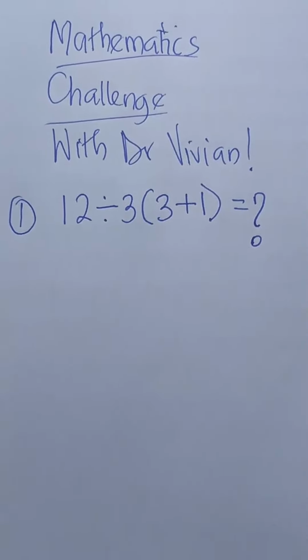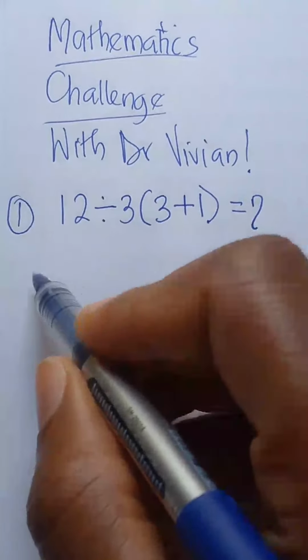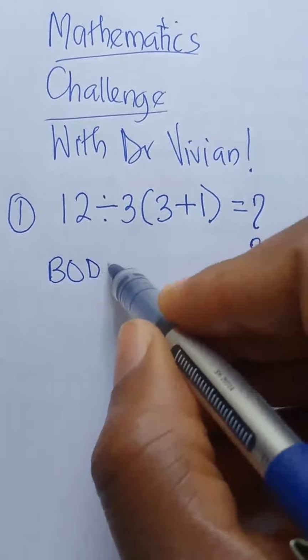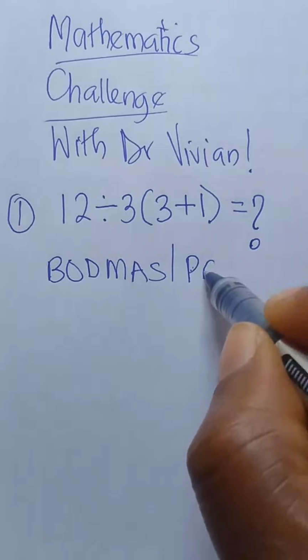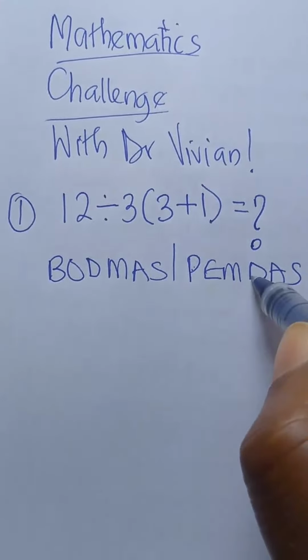So thank you for joining. You're welcome. So let me quickly solve this. Now, when you have a question like this, you are going to solve using BODMAS. Some places we call it BODMAS, and in some places we call it PEMDAS. All right, they are the same.